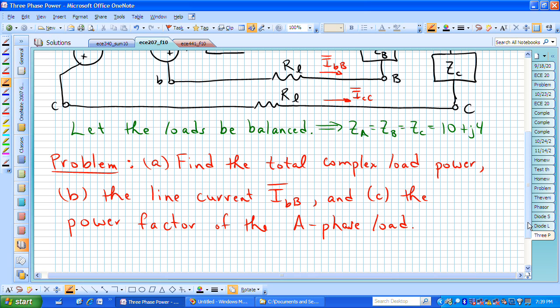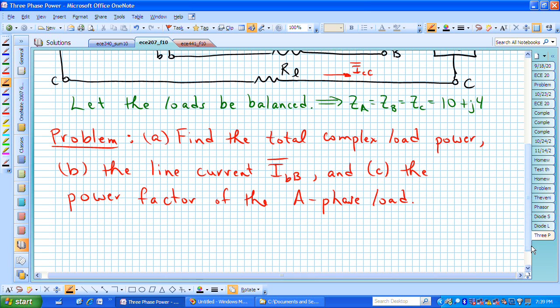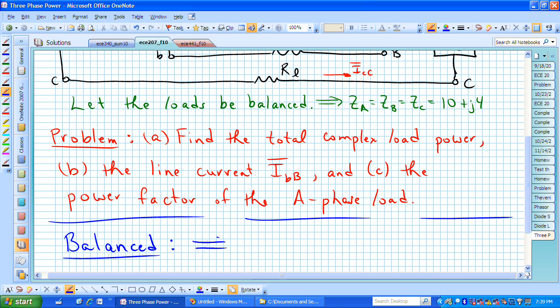The first thing that we can note is that we are dealing with a balanced system, and the reason why we know that it's a balanced system is because our sources are balanced. They have equal magnitudes, and they are 120 degrees apart, each of those sources.